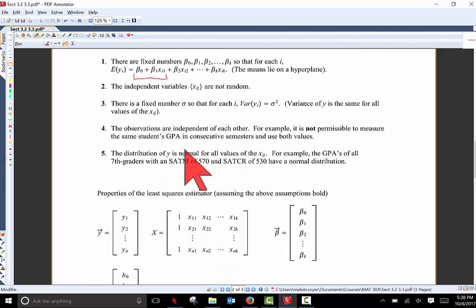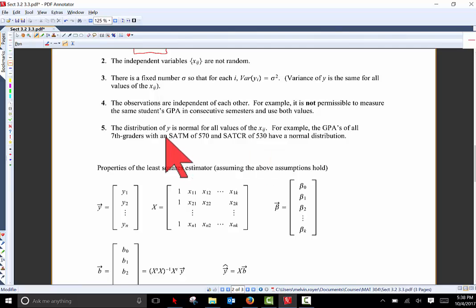So back to the example of predicting GPA in terms of SAT scores and so on. I shouldn't be using the same student in multiple semesters. And finally, we want the distribution of the output variable to be normal for all values of the input variable. So I pick SAT math of 570, SAT critical reading of 530.